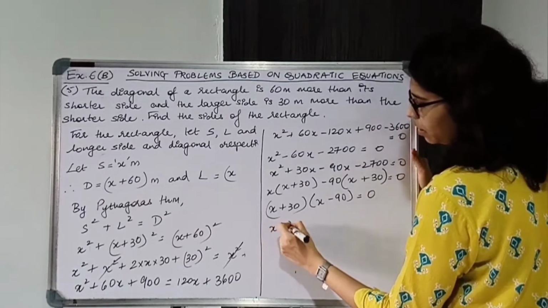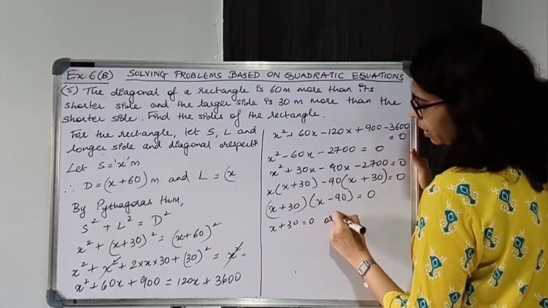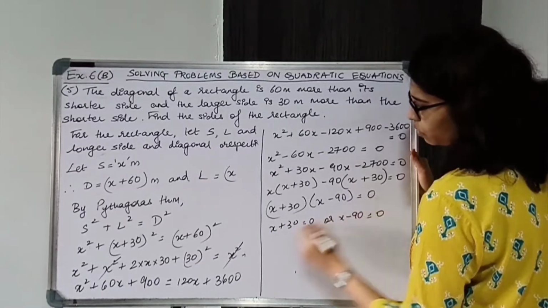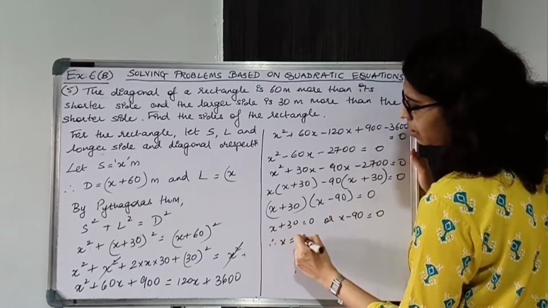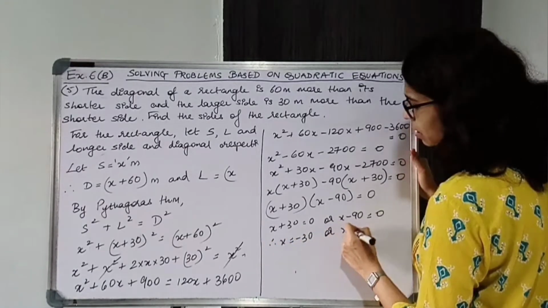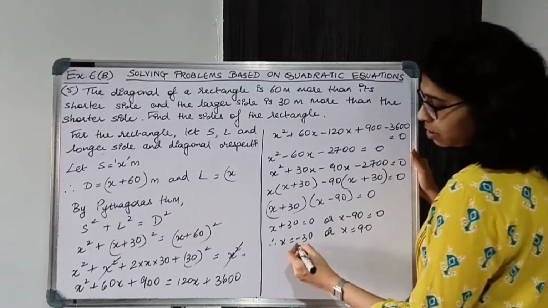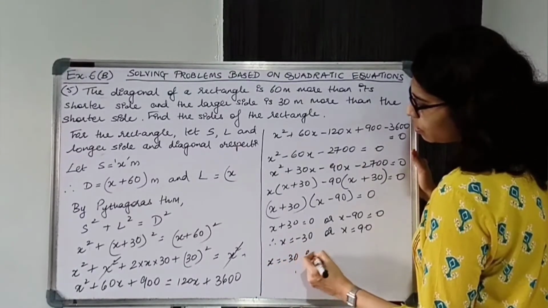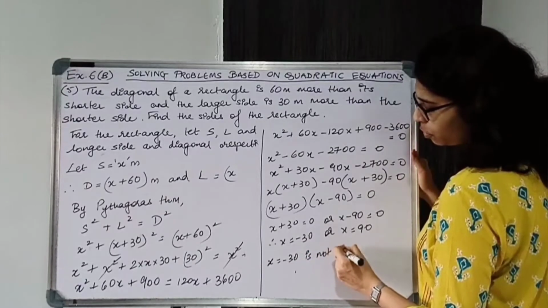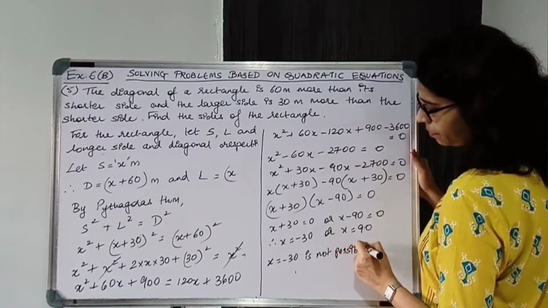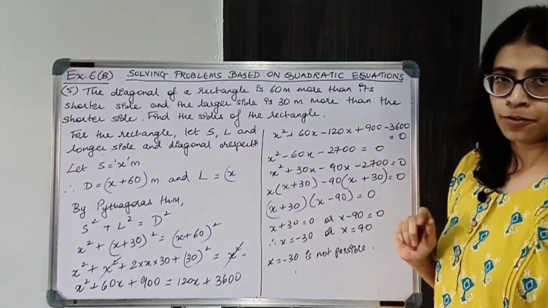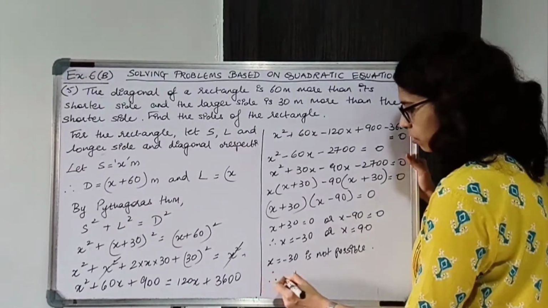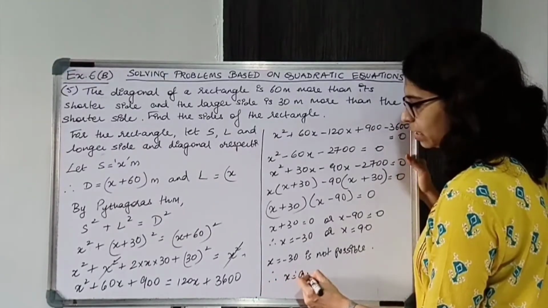So x plus 30 is equal to 0 or x minus 90 is equal to 0. So x is minus 30 or x is equal to 90. This is not applicable, not possible as length cannot be negative. So therefore x is equal to 90.